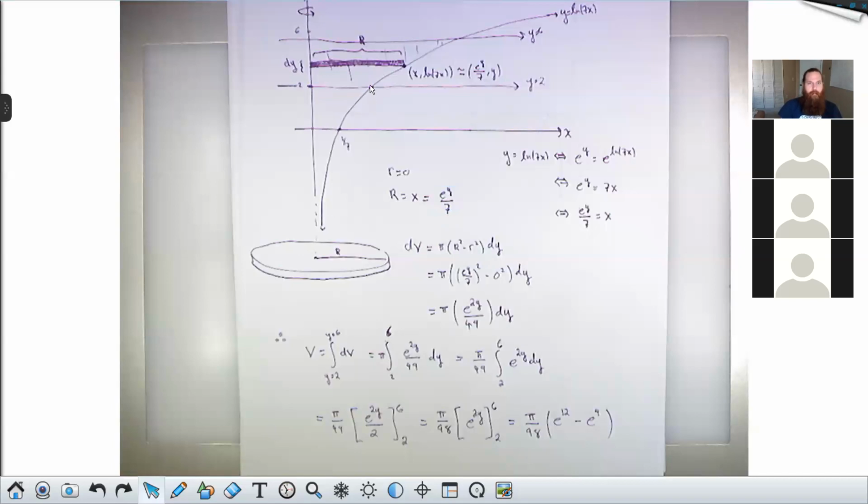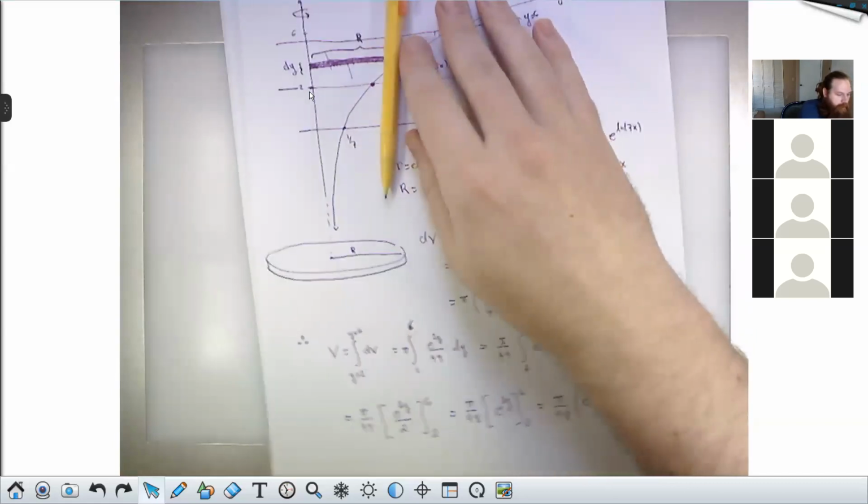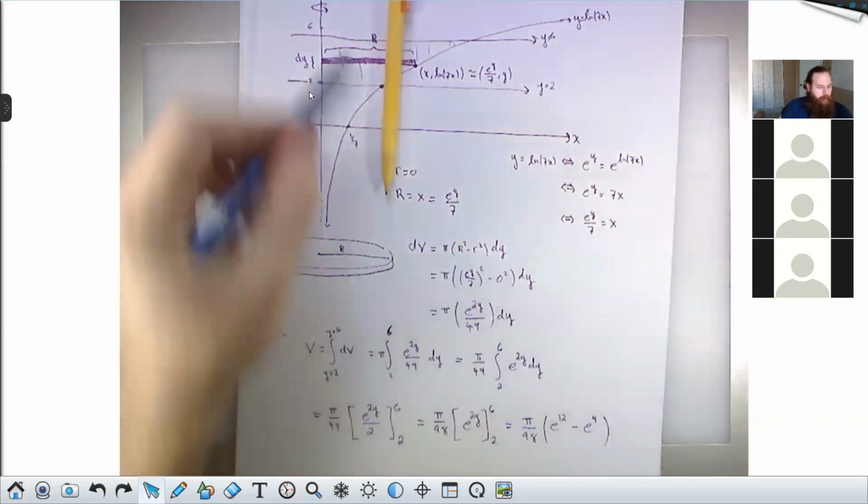If you said that r is the constant e squared over 7, then you would really be finding the volume of the solid generated by rotating just this part of the region.